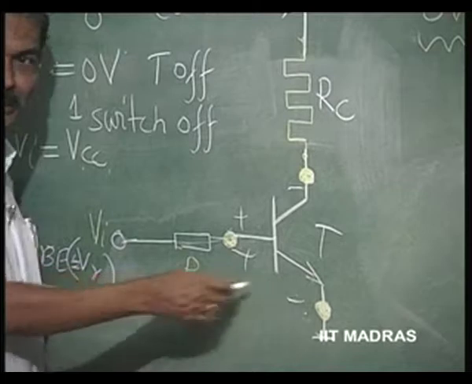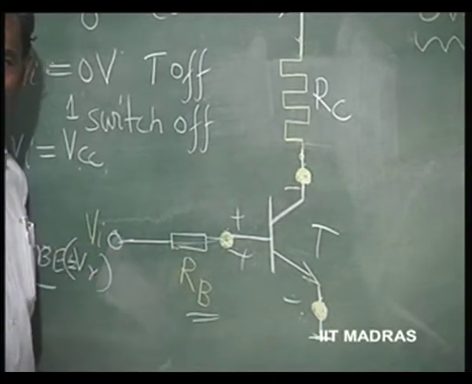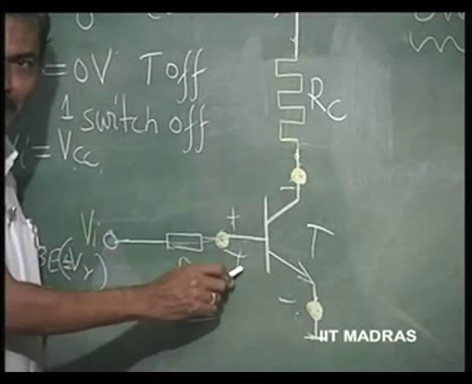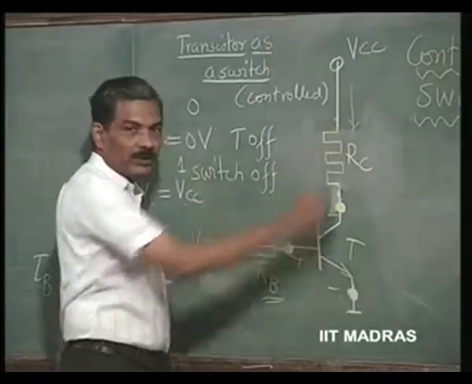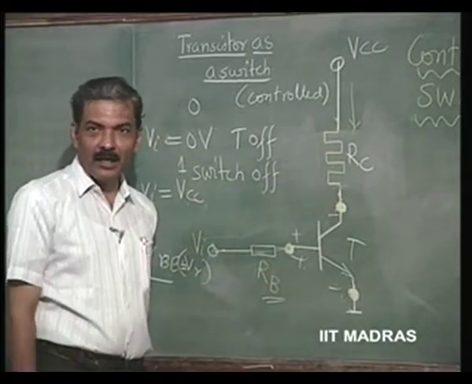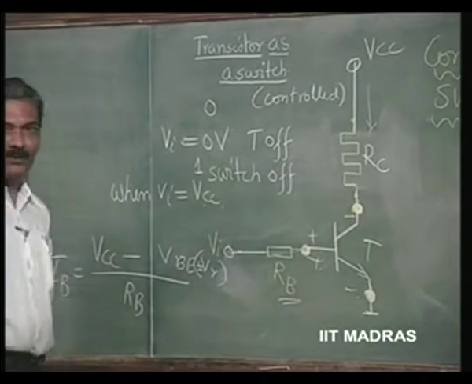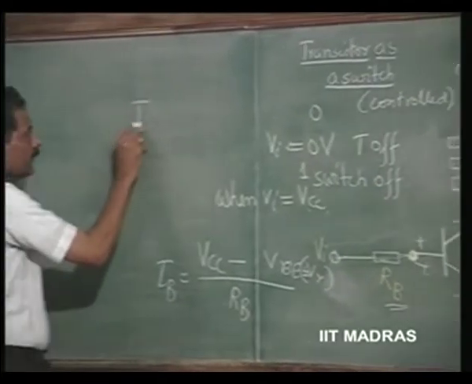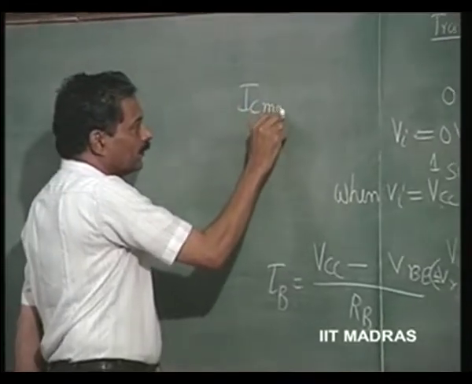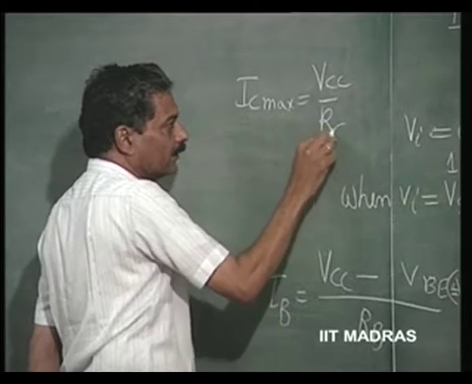Let us say this is 0.6, this is 0.6, that means this voltage is going to be 0 volts. This is forward bias, this is also forward bias, this will be 0 volts. Then the current in this is going to be Vcc by Rc. So, the maximum current that can flow through this is Vcc by Rc. So, Ic max corresponds to Vcc divided by Rc.